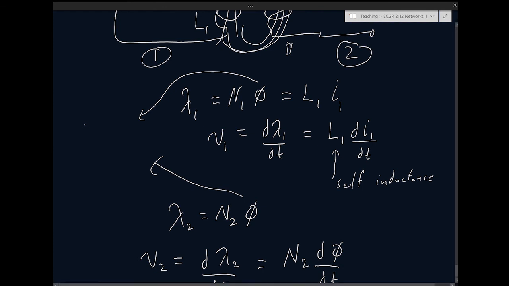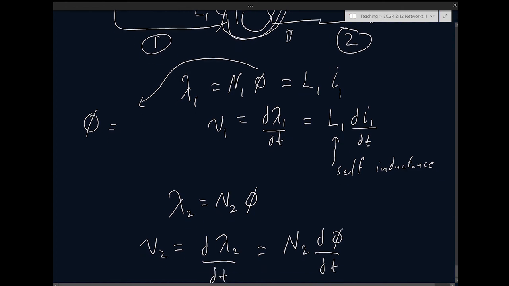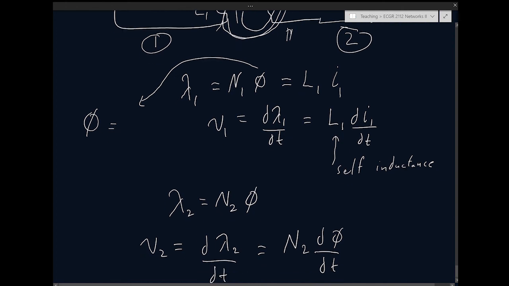Because phi is the same, I can write phi in terms of I1. Using this equation, phi is just L1 over N1 times I1.